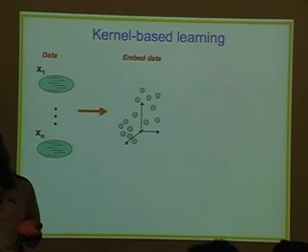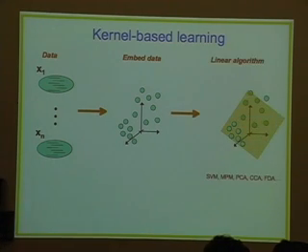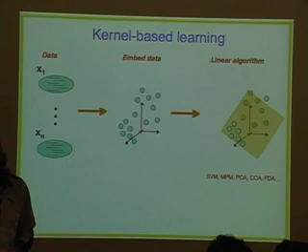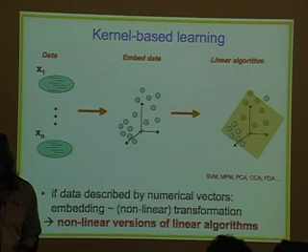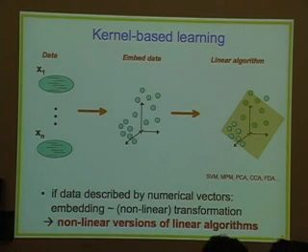And then once we have that embedding, we run some linear algorithm, a classical statistical algorithm, in that high-dimensional space, corresponding to a whole bunch of acronyms, depending on what kind of data analysis we want to do. And from that data analysis, we can then find the patterns that we want.